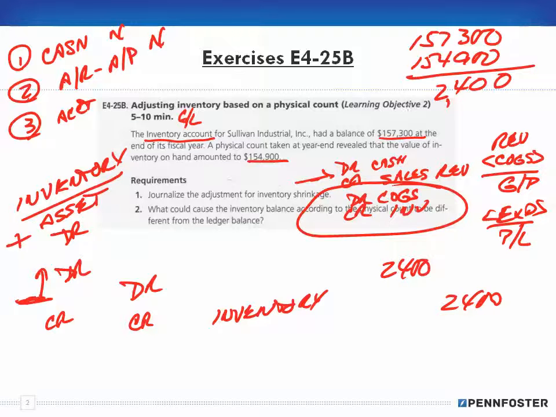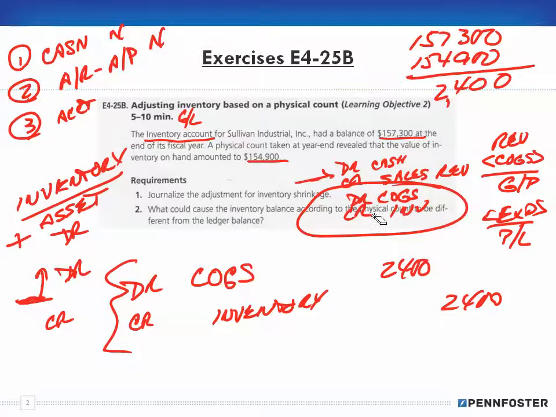Well, this is no different. We're adjusting our inventory for breakage, and it's a part of the cost of the items that we're selling. So we treat shrinkage as part of our cost of goods sold, and our journal entry ends up debiting cost of goods sold, crediting inventory for that amount.